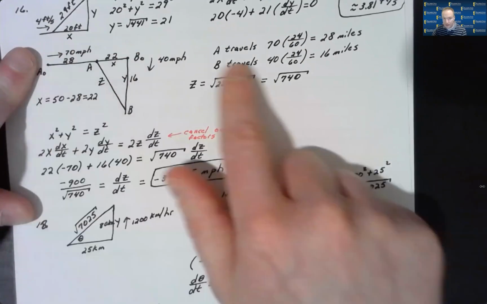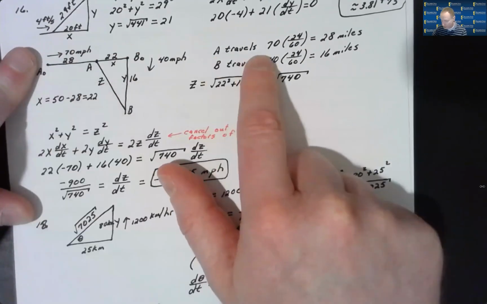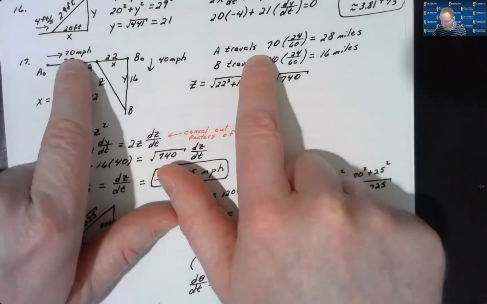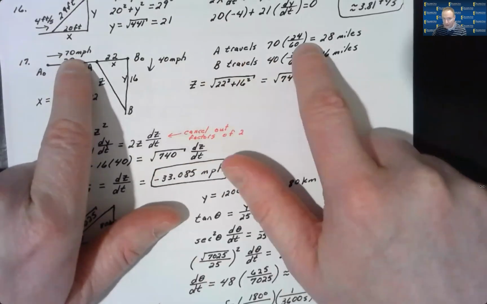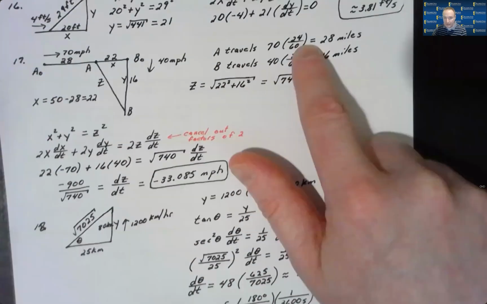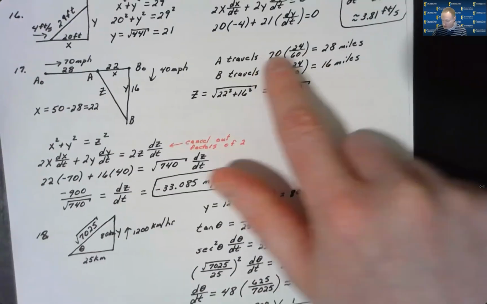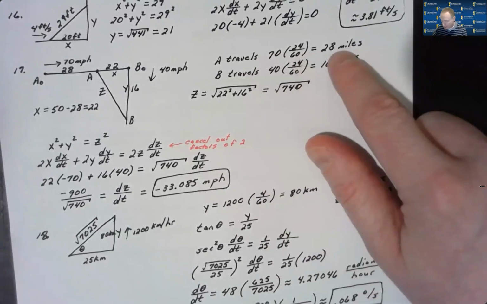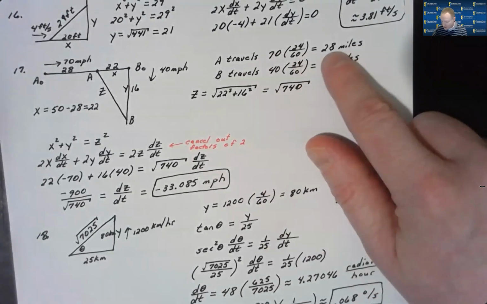We know A is traveling at a rate of 70 miles per hour for 24 minutes. So that's 70 miles per hour times the portion of an hour, 24 over 60. That's the same thing as 70 times 0.4, which is 28. A has traveled 28 miles.